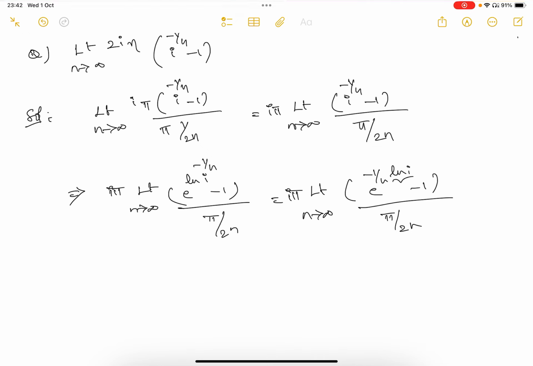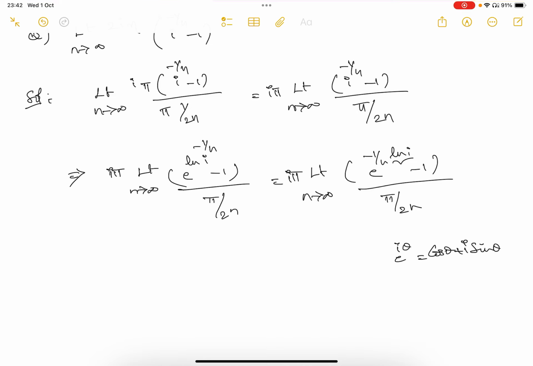You might have remembered this formula, e^(i theta) equals cos theta plus i sin theta, right? If you want to get only i here, then the real part must be 0 and the imaginary part must be 1, which is if theta equals pi by 2. That is e^(i pi/2), which is cos 90 is 0, sin 90 is 1, which is i.